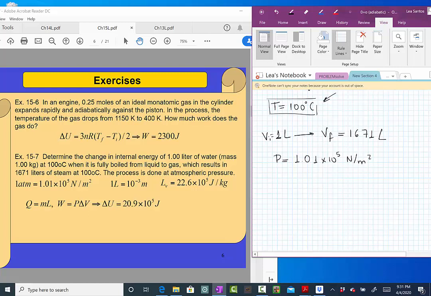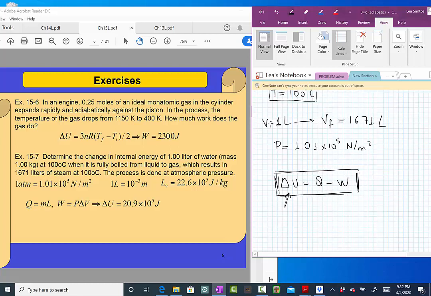It is a law, so it applies to any kind of substance. It doesn't matter if it's solid, liquid, gas, ideal gas, or non-ideal gas. So that equation, delta U equals Q minus the work, is still valid. This is the equation that we are going to use to find our delta U.